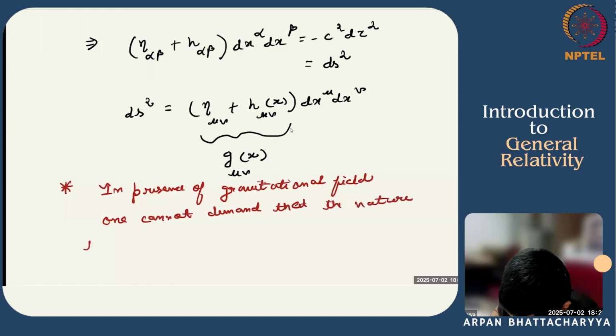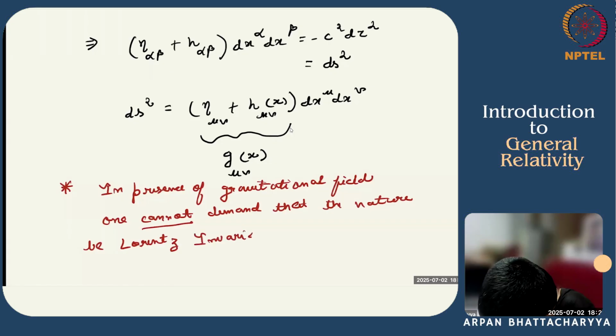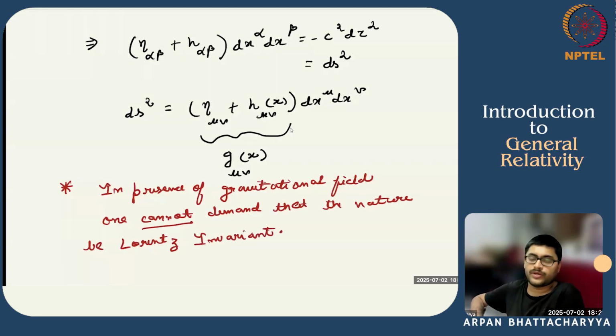Nature cannot be Lorentz invariant. So in the presence of this gravitational field, the metric is not a Minkowski metric. It has become warped, and in general we have to use a generic metric g mu nu, components of which will be a function of x. So we are seeing a warpage of space-time. Space-time has become curved, and later we will see that we'll have a non-vanishing component of the Riemann curvature tensor when there is gravity.